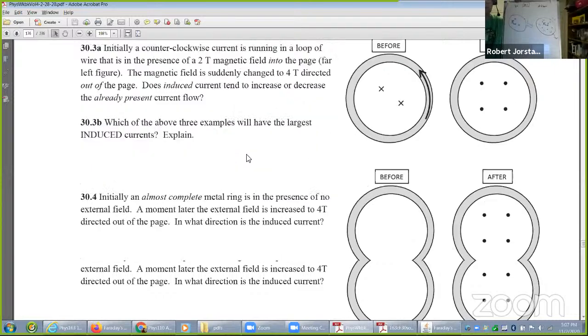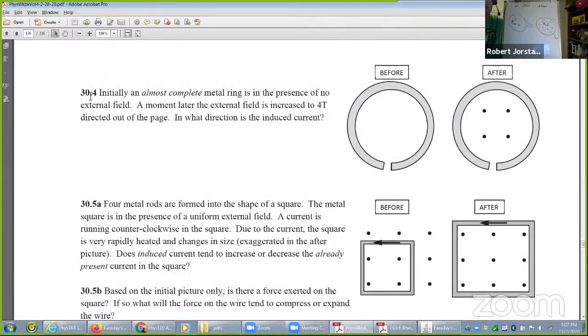All right. Let's take a look at this one, 30.4. What direction is the induced current in this case?